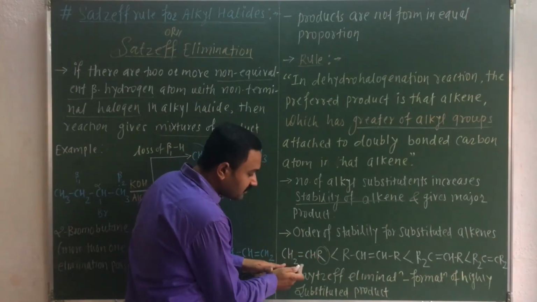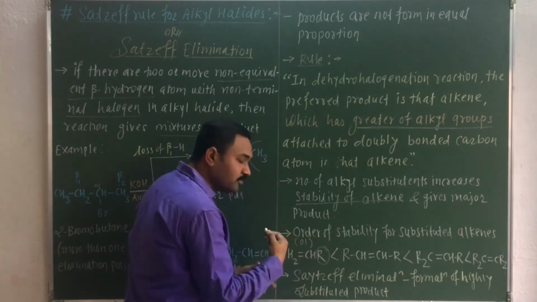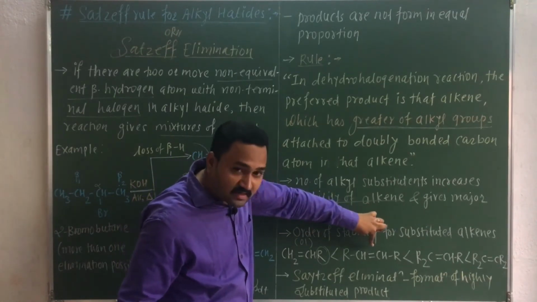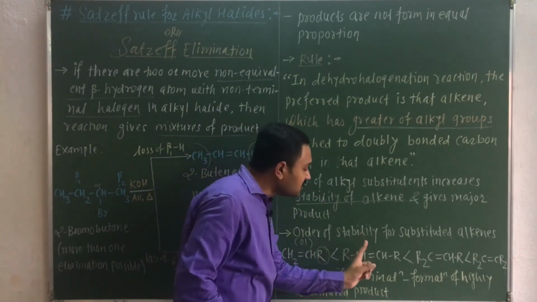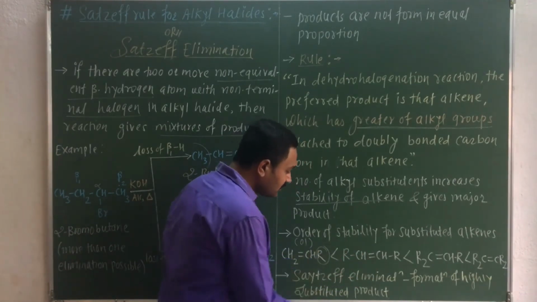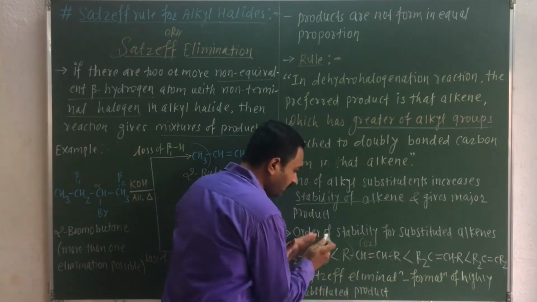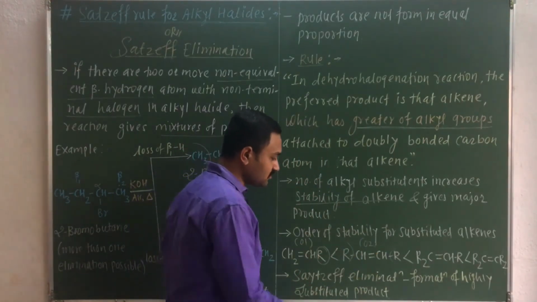So in this particular molecule there is only one alkyl group, so its stability will be less than this molecule. Now why? You know that there are two alkyl groups here. So as the number of alkyl groups increases, stability increases. This is according to Saytzeff's rule.